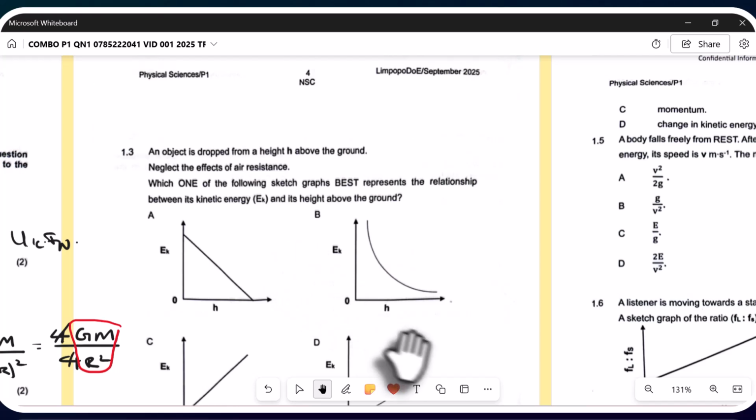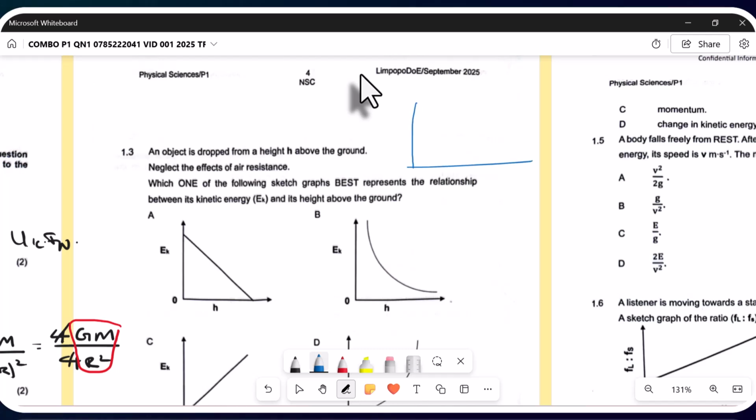Then it keeps on decreasing until the maximum height. So in other words, at maximum height the EK is 0. Are we together? And when the height is 0, the EK is maximum. So this one is EK, this one is EK, this is EP. So our answer is going to be this one here.